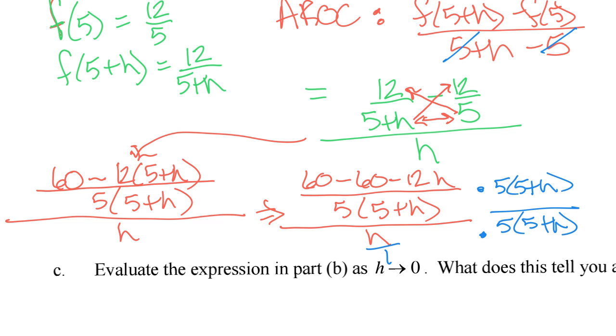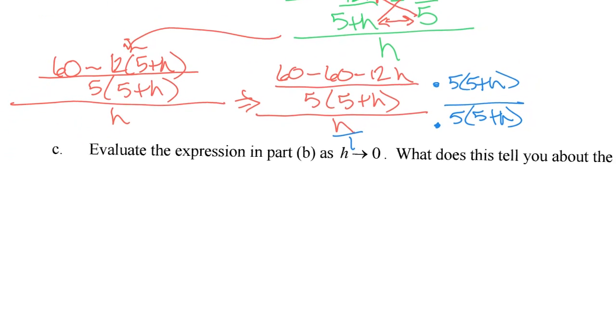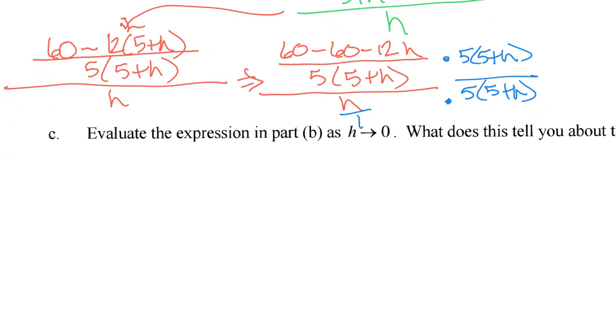Okay, let's move this up a little bit, and we'll have to answer part C down below all of the work we do. Okay, and when I multiply here, what ends up happening is this is a giant 1. Everything is multiplied, right? And by the way, 60 minus 60 gone.